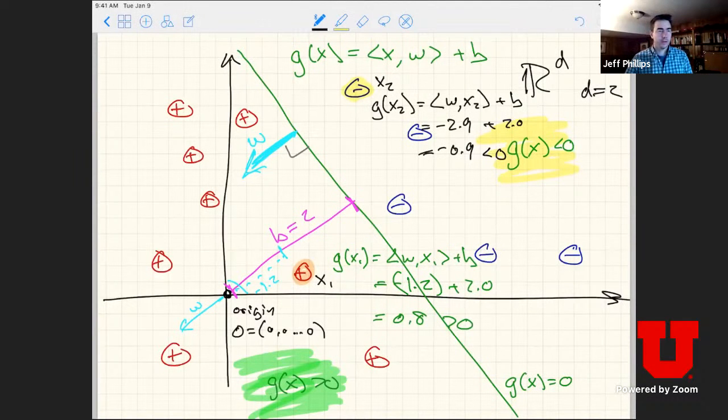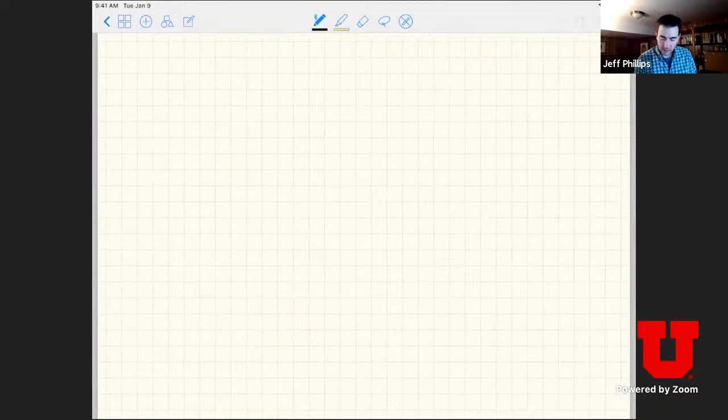So hopefully this idea of linear classification, building a linear function and using that to predict classification, makes sense. Are there any questions about that now?